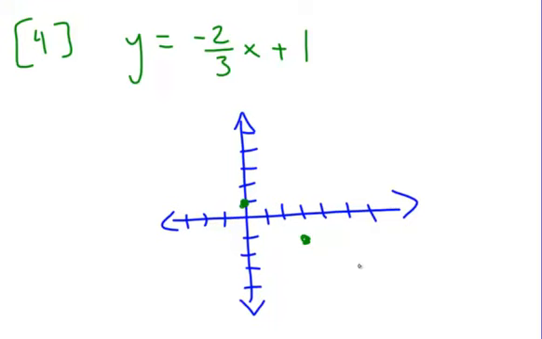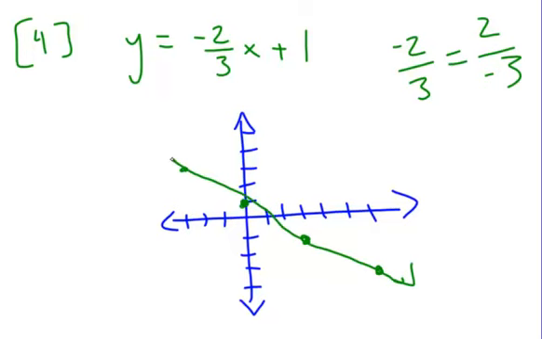Rise -2, run 3. And you could go rise positive 2, run negative 3, because -2/3 is the same as 2 over -3. So we could have done that, and look, we get a nice negative slope here.